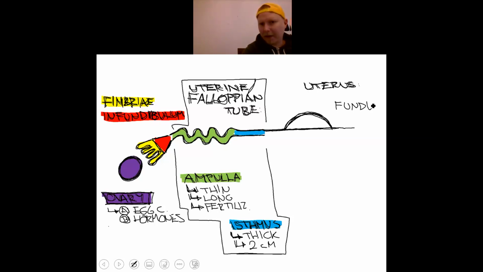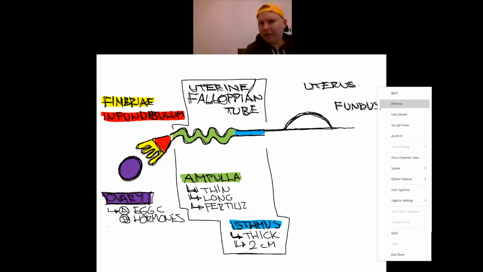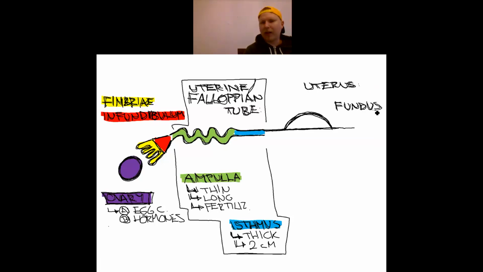You might have heard that word being used elsewhere in other organs, but you'll notice that it typically refers to the roof of a structure. So again, let's label that on our diagram.